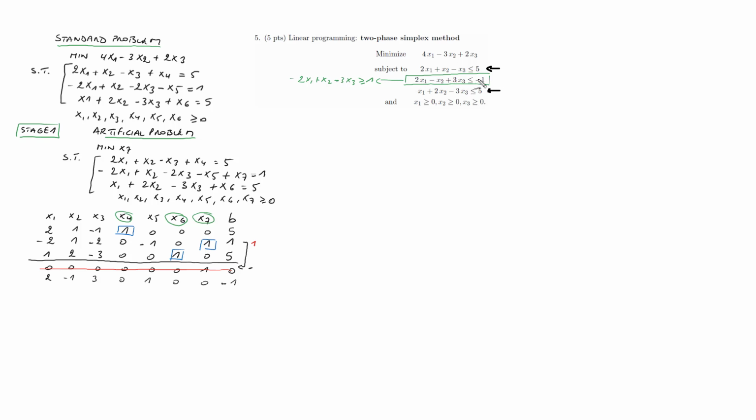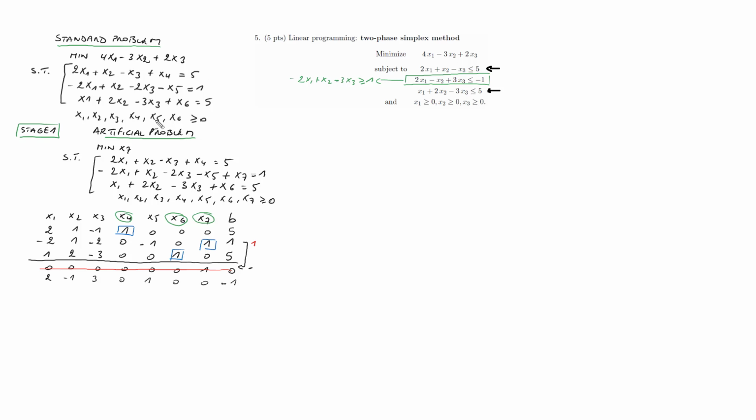So the easiest thing to do is to multiply this equation by minus 1, and this is what you obtain. Of course, you'll have a change in the inequality from smaller or equal to larger or equal. Here we have now on the right something positive, and we can transform this one here in an equality, but now we have to use a surplus variable x5, which is constrained to be positive. This is our standard problem we have to start from.